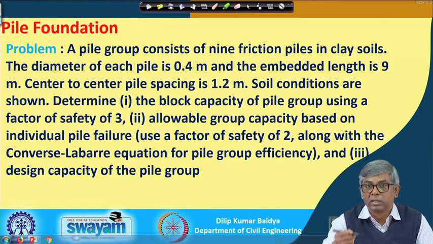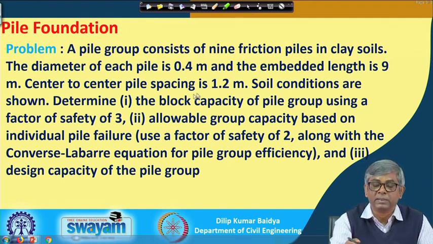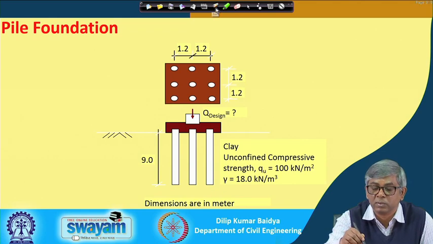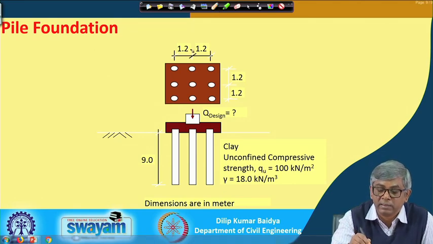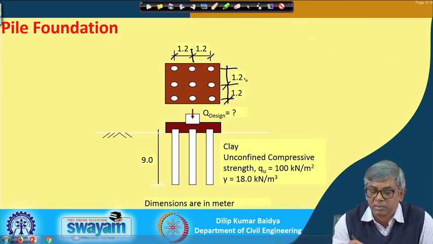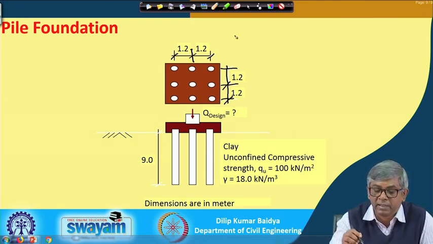In this problem it is mentioned that the soil condition is shown in the figure, so let me go to the figure. You can see the 9 piles shown here, with 1.2 meter spacing on both sides, and the depth is 9 meter.